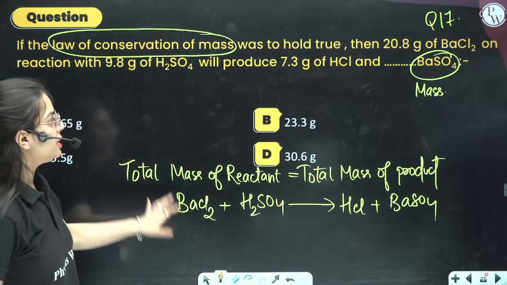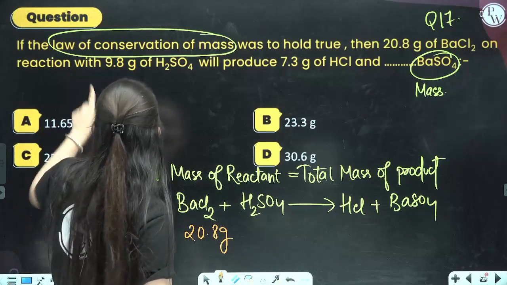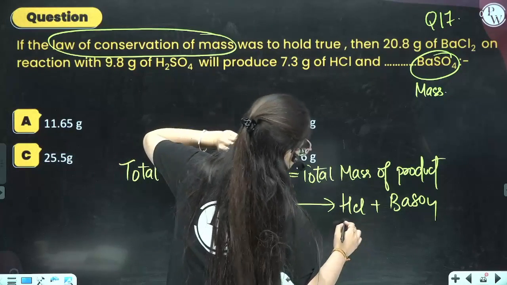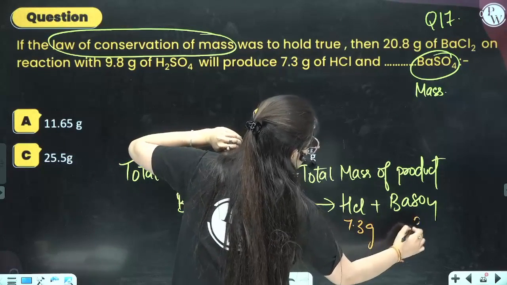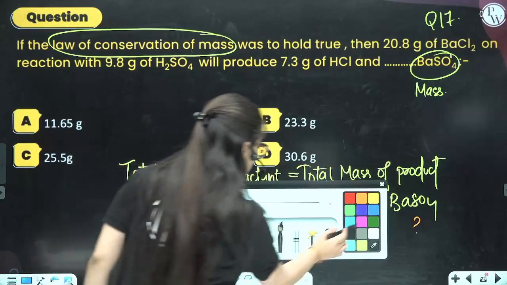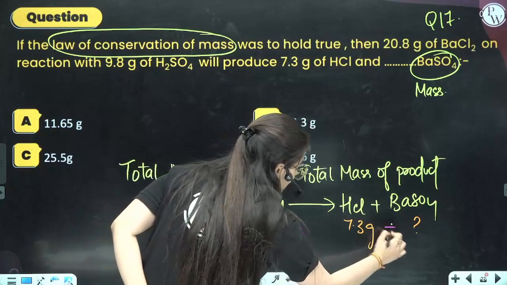BaCl2 has a mass of 20.8 grams, H2SO4 has 9.8 grams, and it is producing 7.3 grams of HCl, and they are asking for the mass of BaSO4. So the total mass of reactants is equivalent to the total mass of products. Let us add it, and consider the unknown as X.